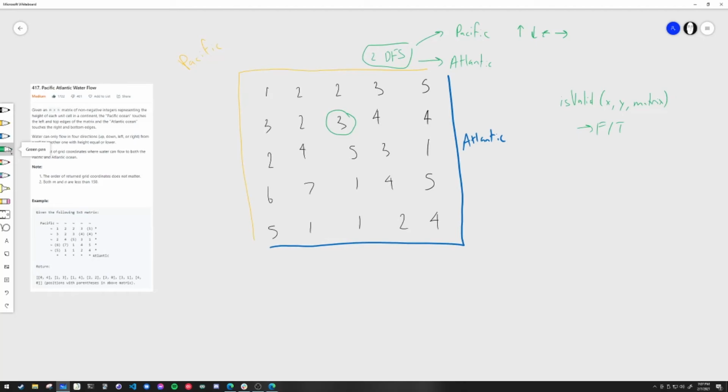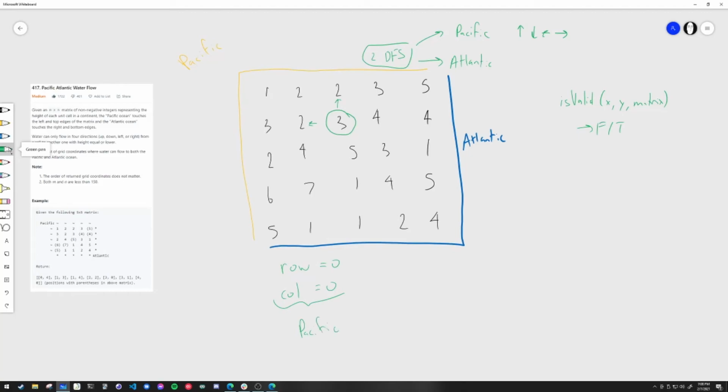So basically, let's say we're doing Pacific first, it would look at all of the numbers around it that are lower or equal to. So it would notice this number and this number. And we knew that it met the Pacific Ocean when the row was equal to 0 or the column was equal to 0, right? So this one is for Pacific.